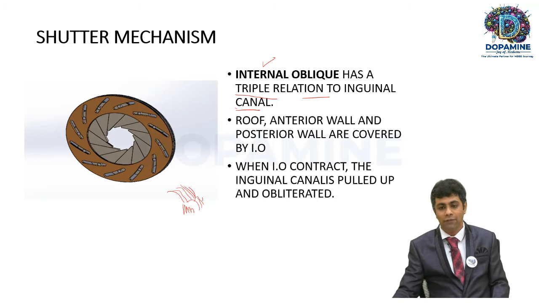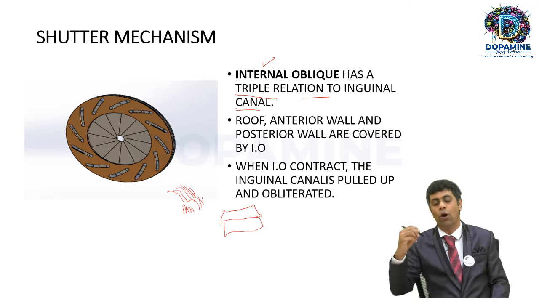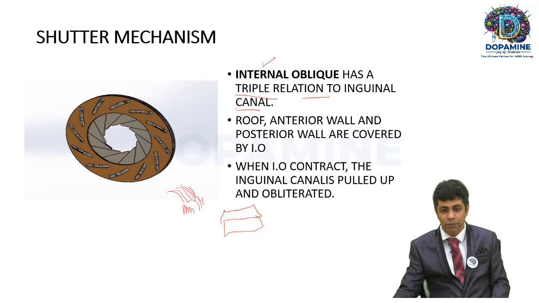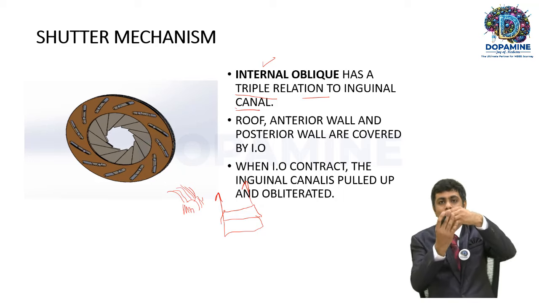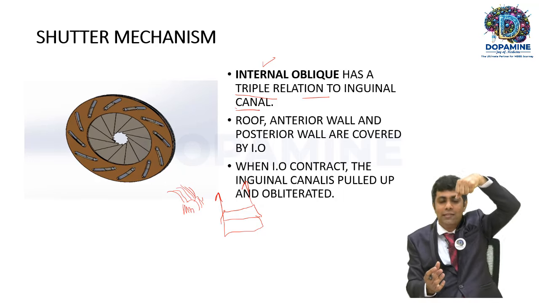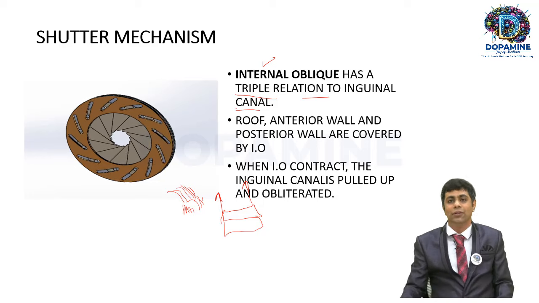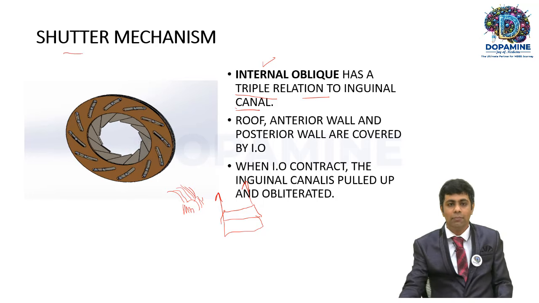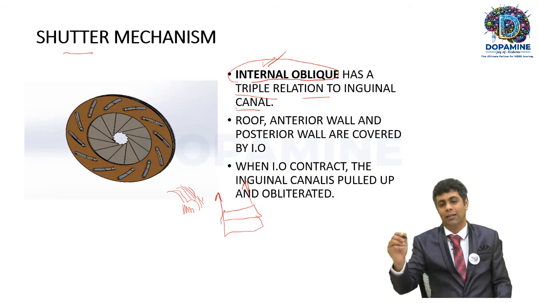So when this muscle is pulled up during its contraction, the roof, anterior, and the posterior wall are pulled above in such a way that the canal is obliterated and approximated. So this shutter mechanism is beautifully done by the internal oblique muscle.